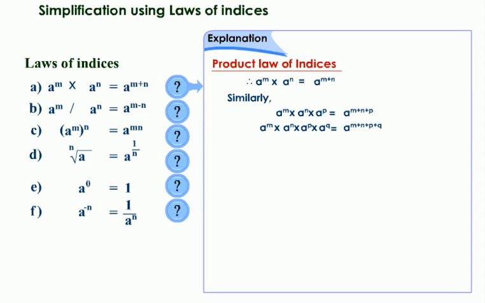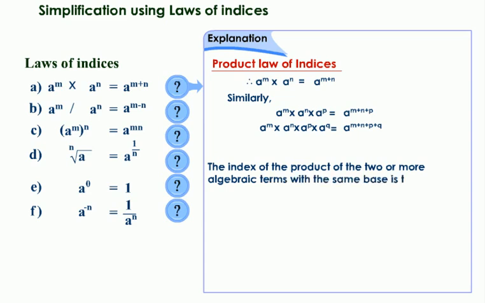Thus, the product law of indices can be stated as the index of the product of two or more algebraic terms with the same base is the sum of the indices of each term.